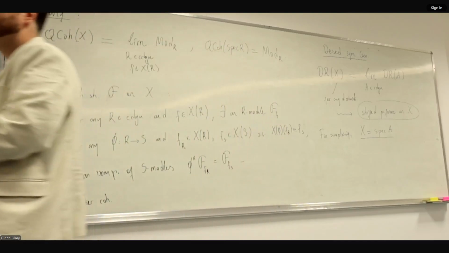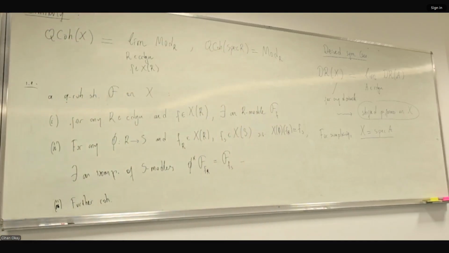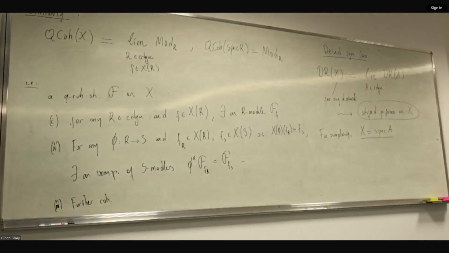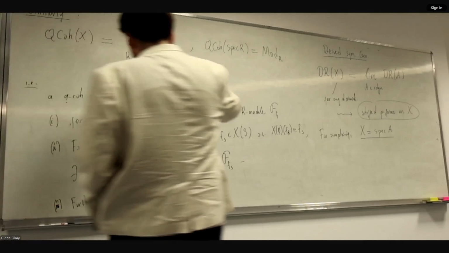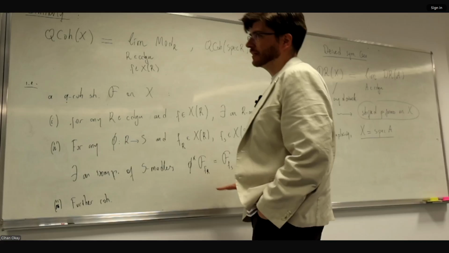Is there an example? For which one? This one? I don't know, a construction of a vector bundle by using the global section. I guess I don't have an explicit construction like this.